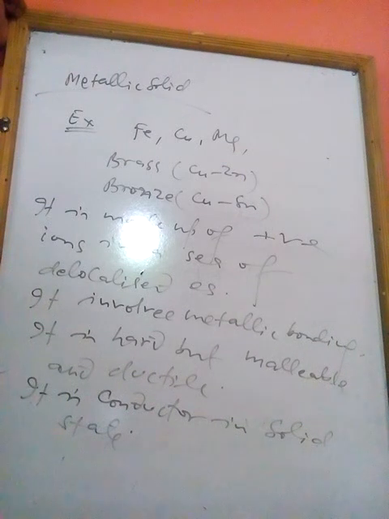So metals conduct heat. Thermal conductivity is the property of metallic solid. Similarly, electrical conductivity is also due to mobile electrons. In a metal crystal, electrons move equally in all directions.